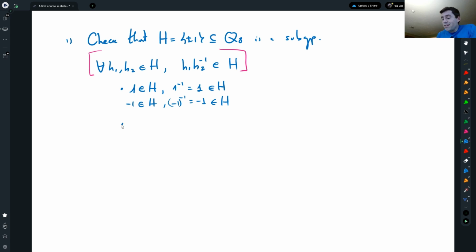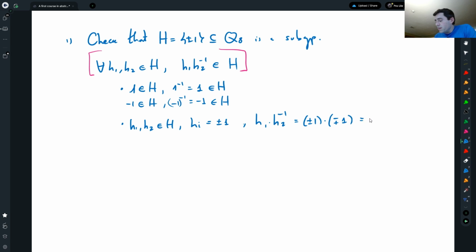And now second, if h1 and h2 are in H, then each one of those is some plus or minus 1. So h1 times h2 inverse will be something like plus or minus 1 times minus or plus 1 of some sort.